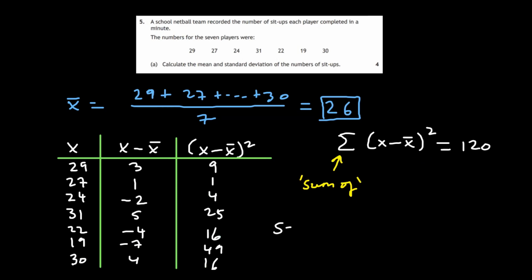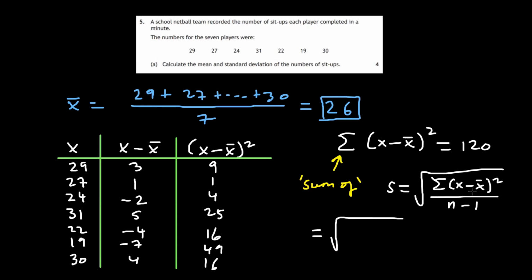So the standard deviation would just be the square root of X minus X bar squared over N minus 1. And then that was 120. And N minus 1 is just 7 minus 1. So N is the number of numbers. So it would just be 6.